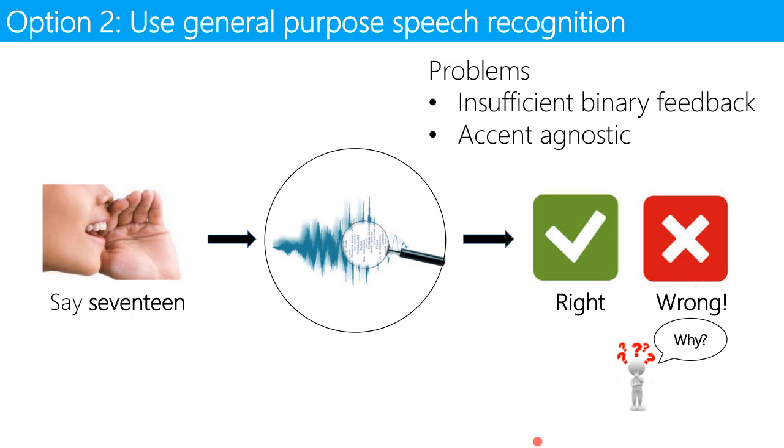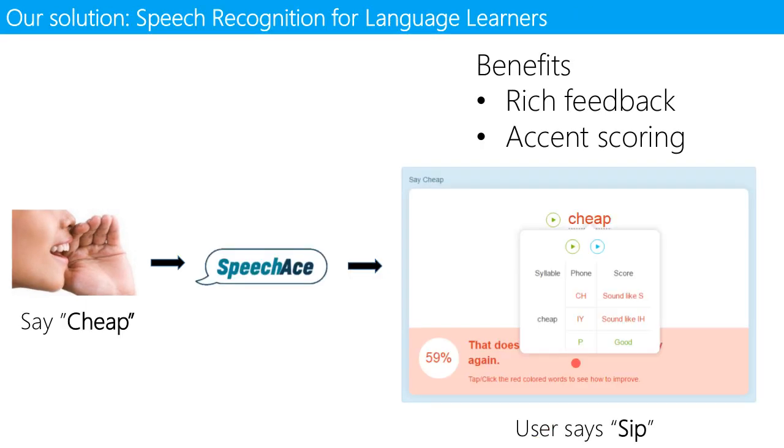After discovering these problems in general purpose speech recognition systems, we developed our own speech recognition system designed specifically for language learners. There are two benefits of our system. First is that it provides rich phoneme and syllable level feedback on a user's pronunciation. And it also provides a measure of how close your accent matches a native speaker's accent.